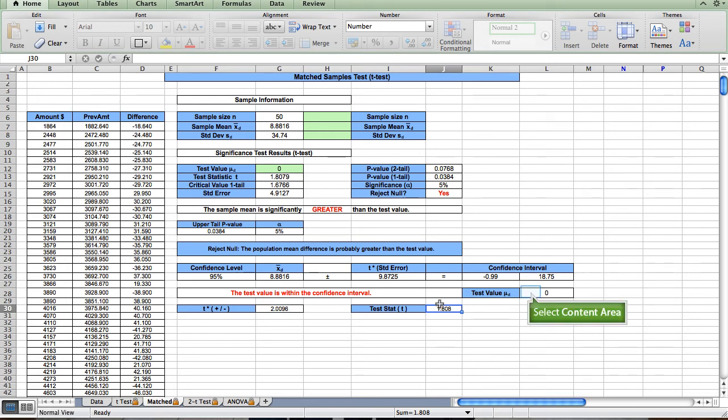So clearly, if we assume 0 difference, my sample mean difference of $8.88 would come from the middle 95% of my model, which is why my confidence interval includes the test value of 0. In other words, my test stat is not beyond the t-star value, and when that happens, the test value will always be in the confidence interval.